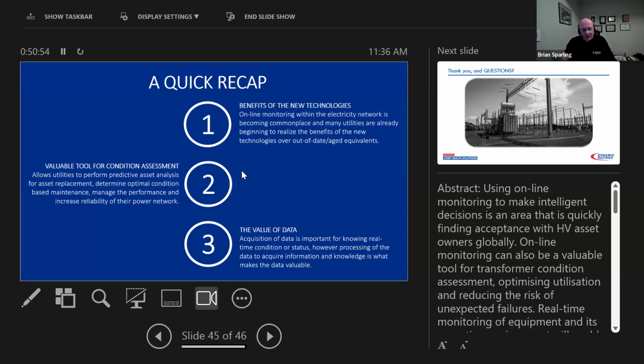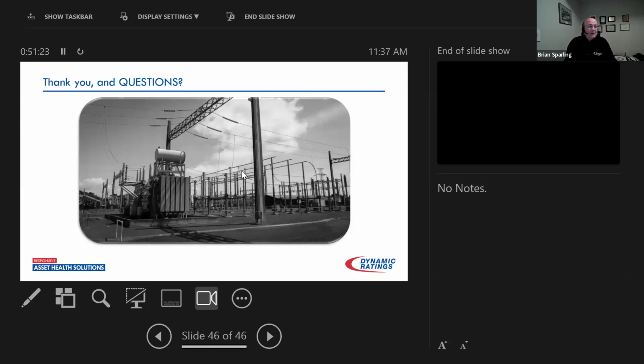You're not just going out once a month and taking a snapshot, so to speak, of the condition. You have the history of operation of the transformer when you have all this data. Capture it, make use of it, and it also makes for a great learning tool for new engineers and technicians coming in, to have them understand why monitoring is there and review with them alarms and issues that you may have caught had monitoring not been on that transformer.